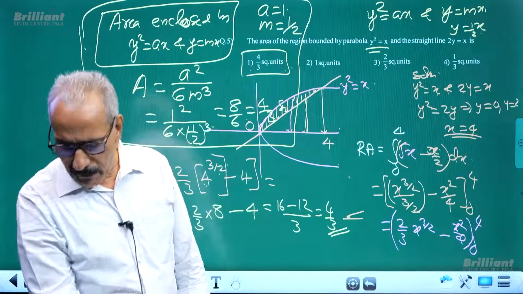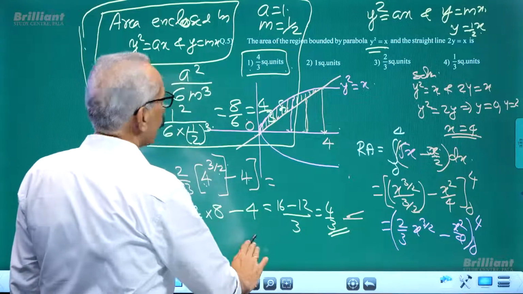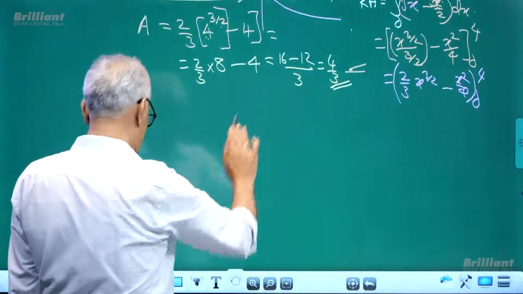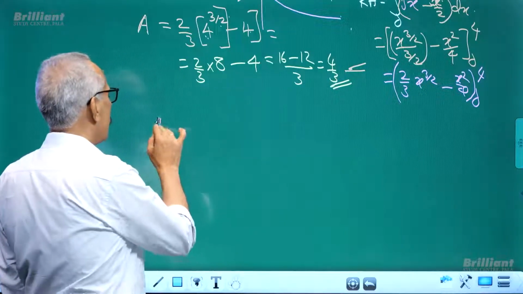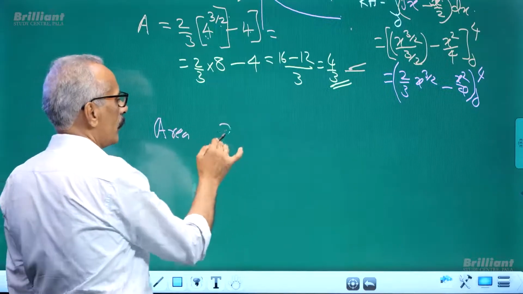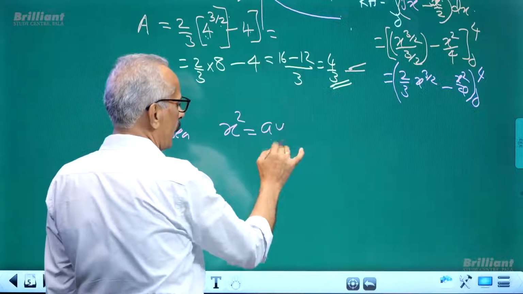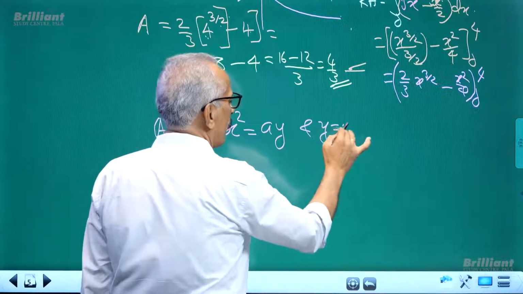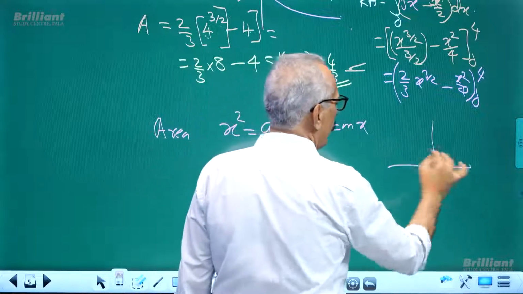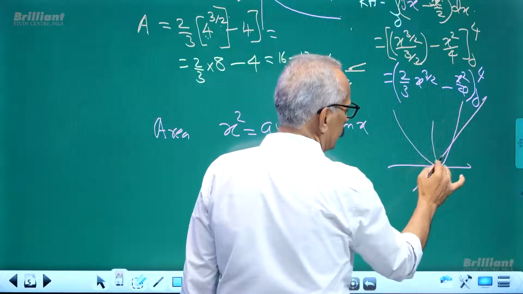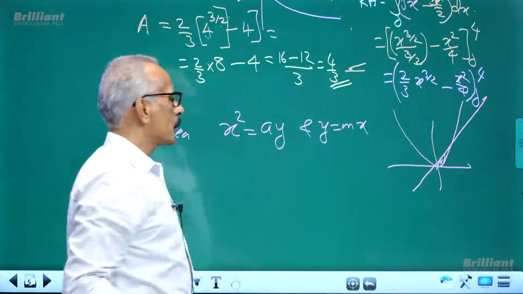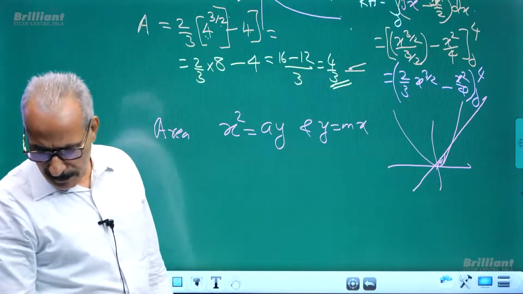One more tip I will give you. Suppose the parabola is x square is equal to ay and y is equal to mx. You know, this way, x square is equal to ay and y is equal to mx like this.